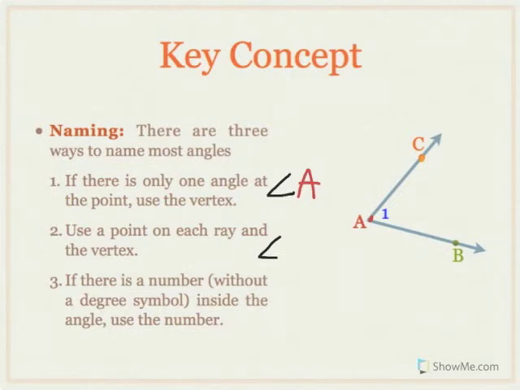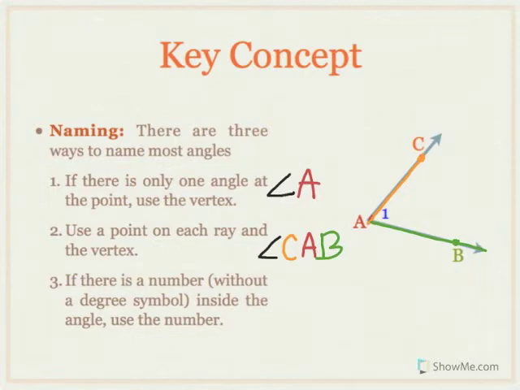What we do is we choose a point on each ray. Here's point C and point B and the vertex as well. And then we name the angle as if we were tracing it. So therefore we can start at C and go to A. So we have the angle C, A, and then we can go from A to B.